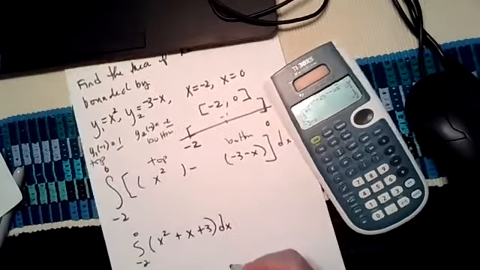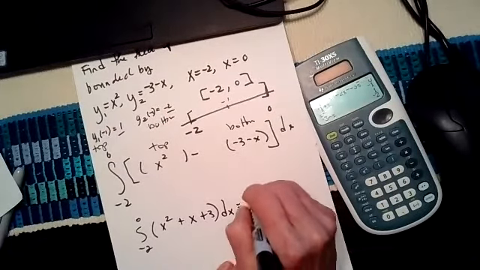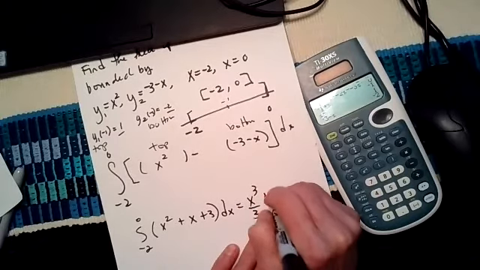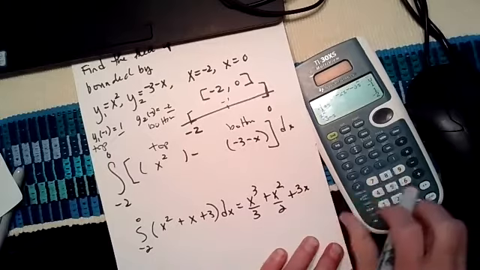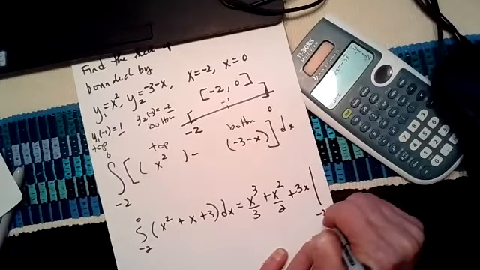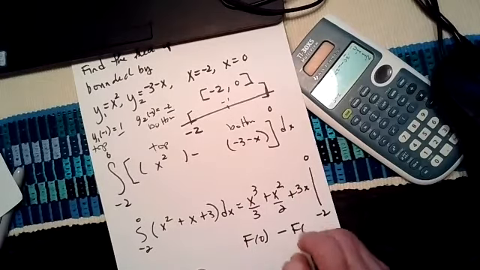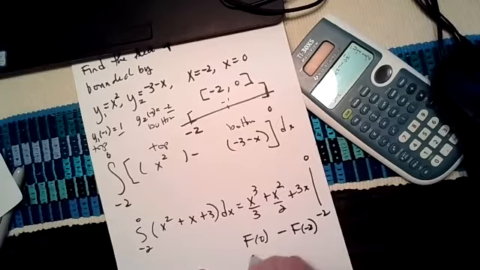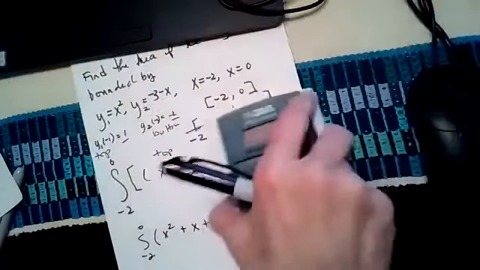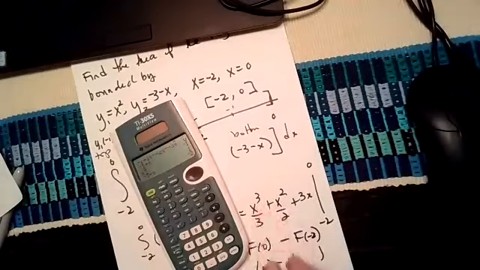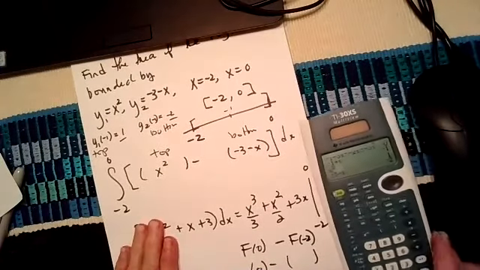I'm going to find my antiderivative: x cubed over 3 plus x squared over 2 plus 3x from negative 2 to 0. So f of 0 minus f of negative 2. So when you plug in 0 to a polynomial, you get 0. And so I'm going to plug negative 2 in.